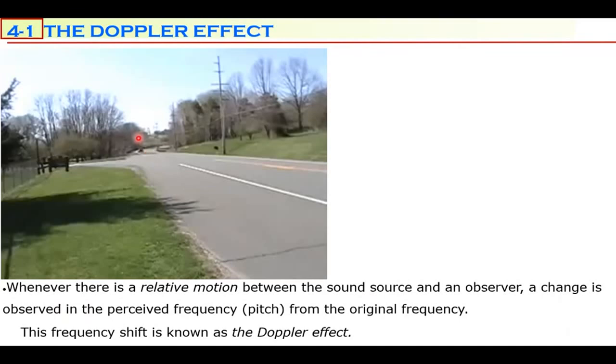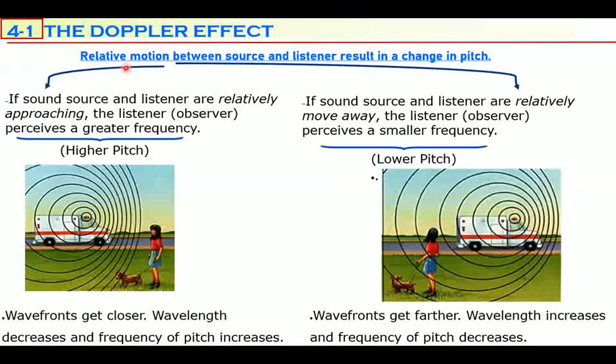When it is moving away from you, you hear a different frequency, different pitch. So this relative motion, when it's approaching and moving away, this frequency shift is known as the Doppler effect. So relative motion between the source and listener results in a change in the pitch, which is the definition of the Doppler effect.